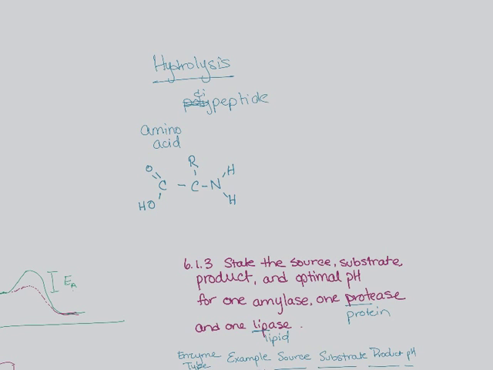And you can draw this either way. Typically you'll probably see the N and the C on the opposite sides. I flipped them, and that's okay. So one amino acid here, I'm going to draw exactly the same thing.